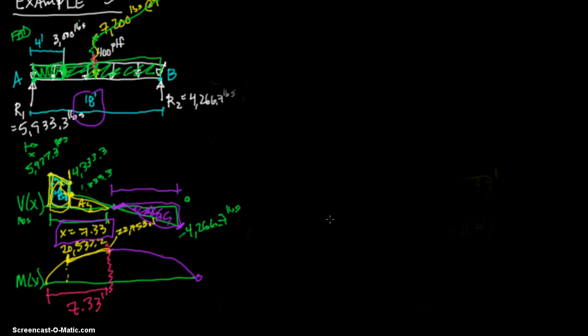I believe it was 7.33 foot. Yes, it was. All right. Let's see what we get. So let's take another free body diagram here. There it is. And it's going to have the 400 pounds per linear foot on it.